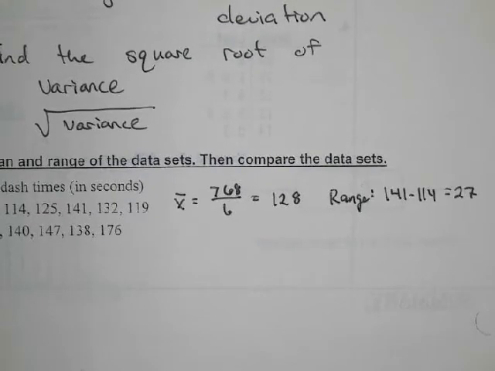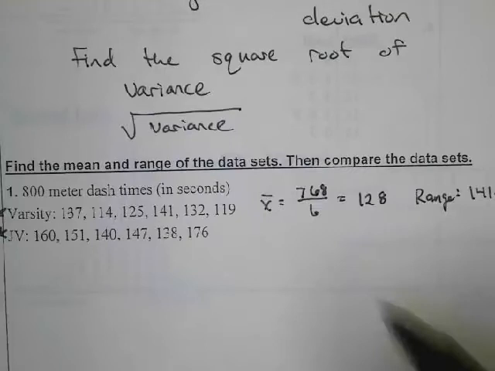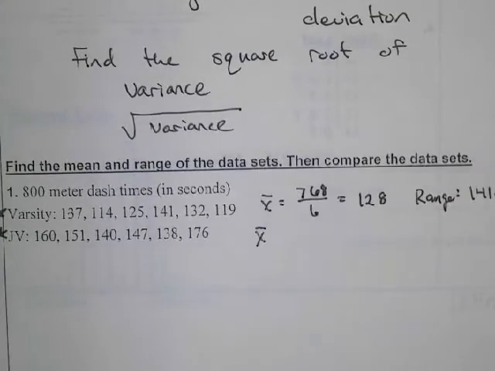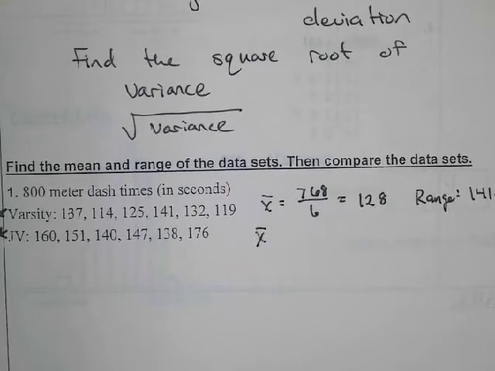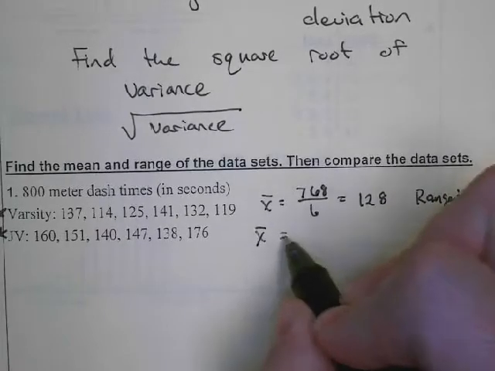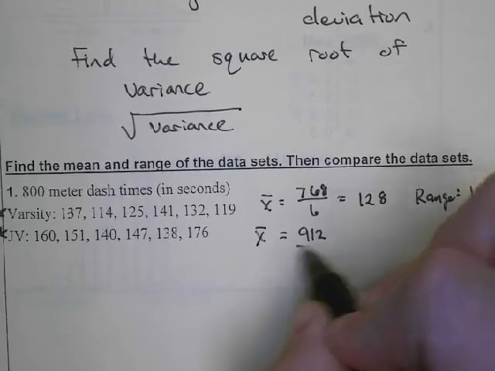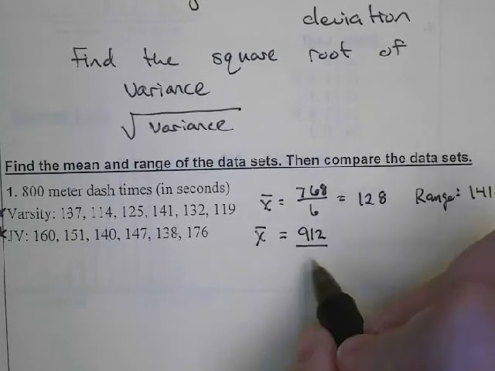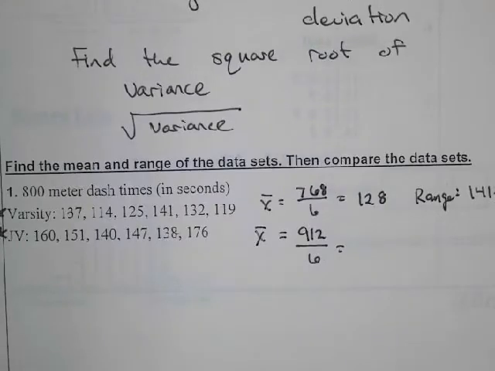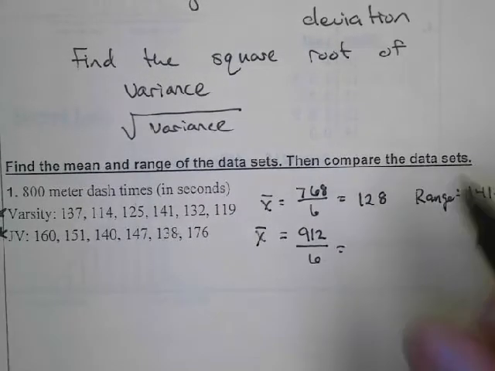Now let's do the same for the junior varsity team. First we'll find the X bar, or the average, or the mean, we can say. We'll add them all up, and we get 912 divided by 6. We find the mean of the JV team is 152.